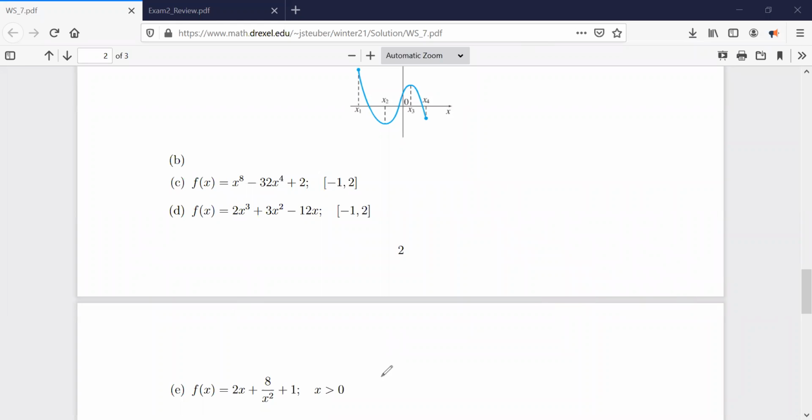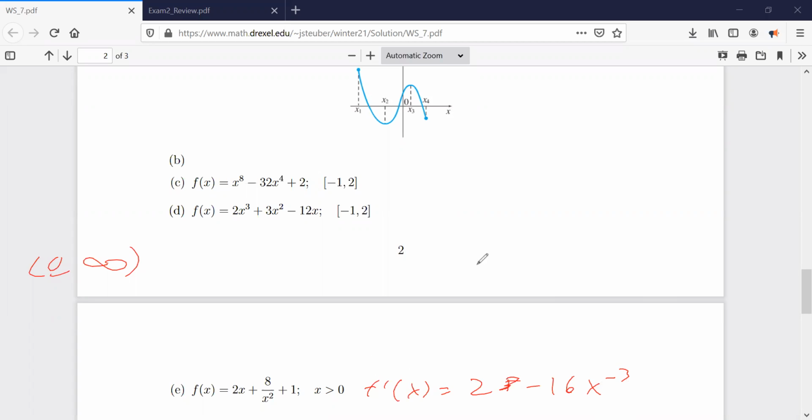And then if I do the derivative of this guy, this has no endpoints. This is another example of an open interval. It's just 0 to infinity. It has no endpoints. If I were to do the derivative of this, I would get f prime of x is equal to 2 minus 16x to the -3.